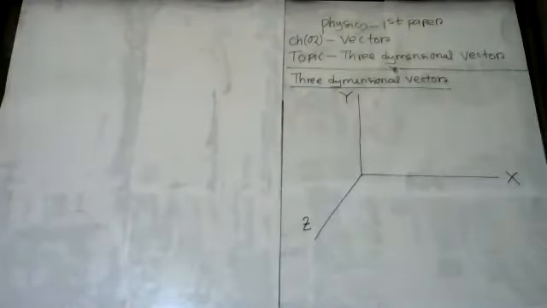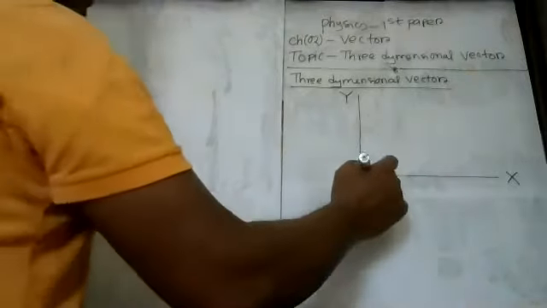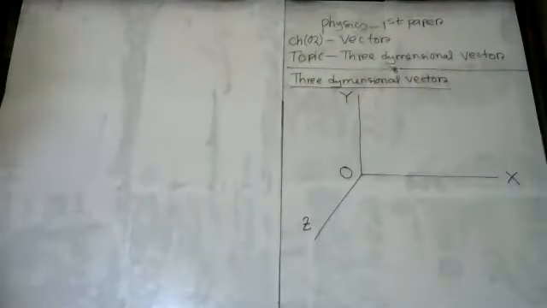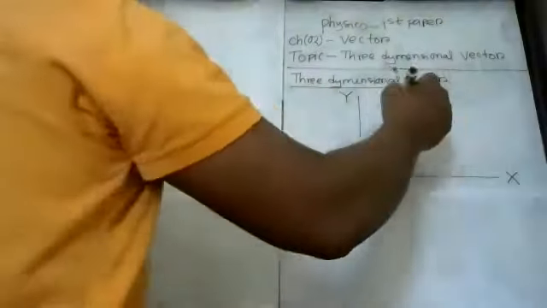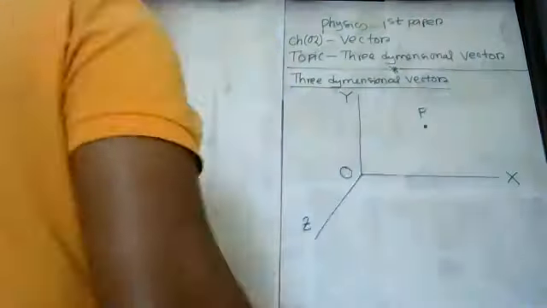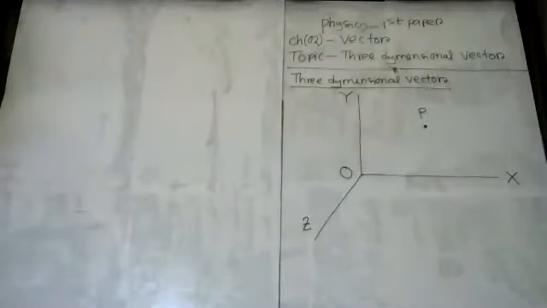And you see that in this diagram of the x, y, z axes, there is an origin point. This point O is known as the point of origin. Suppose you consider a point in this plane, and suppose this point is point P. P point indicates the position of a vector.